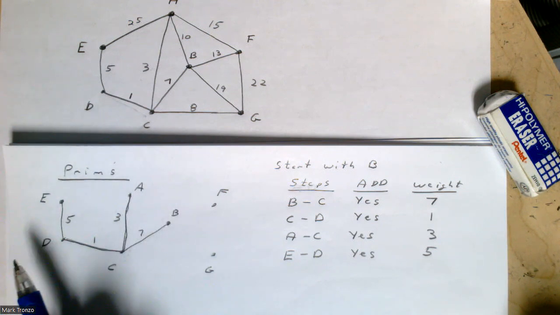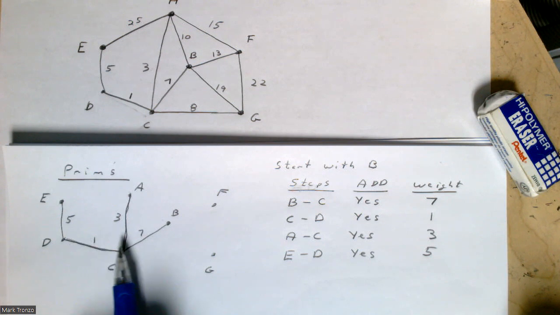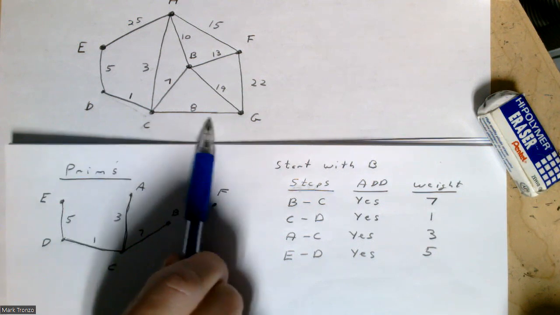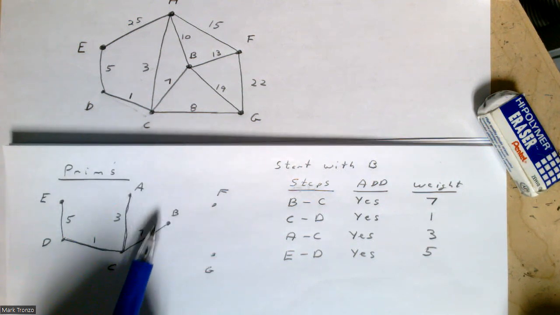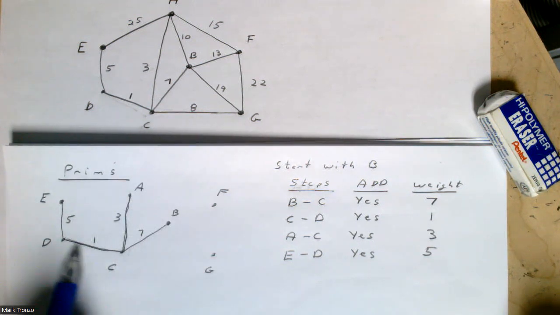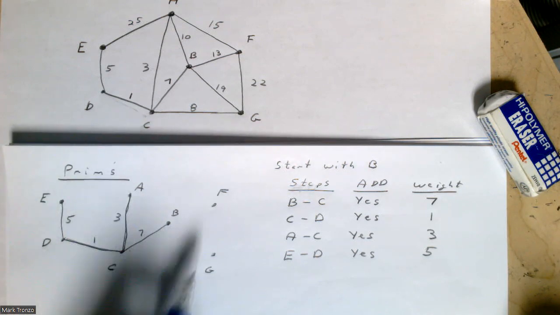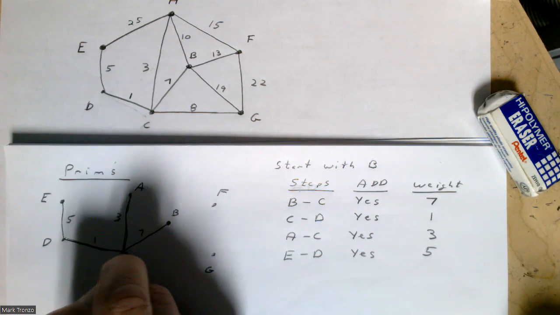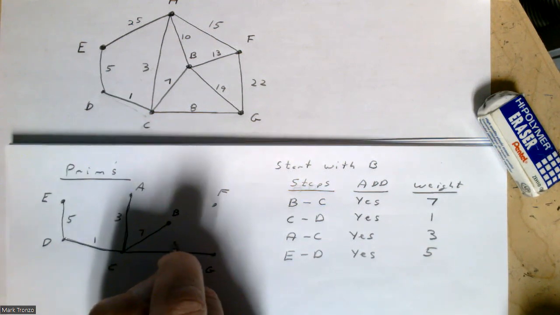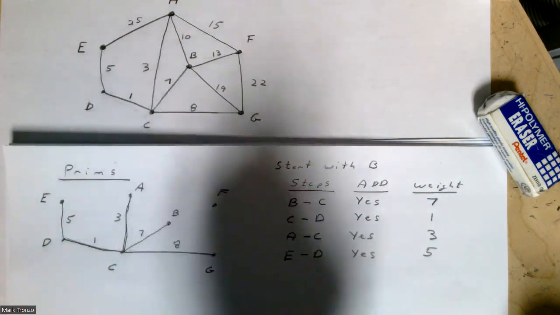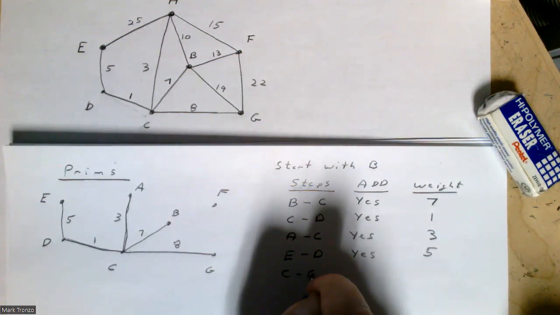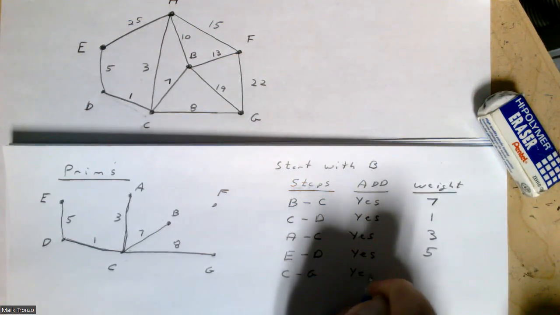But in any case, look at the next smallest one that's connected. It looks like this 8, huh? The smallest edge that's connected to any of the A, B, C, D, E is going to be this 8 here. And we can call that CG or GC.